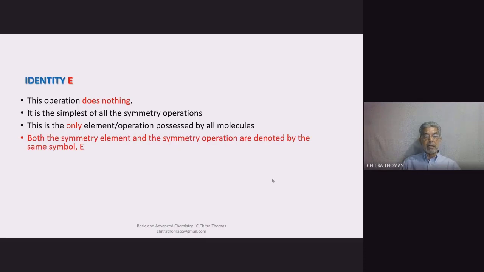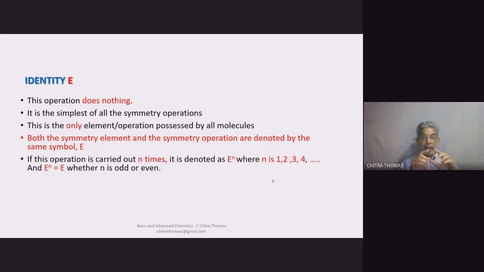Both the symmetry element and the symmetry operation are denoted by the same symbol E. So, we use symbols for the symmetry element and the symmetry operation. In the case of identity, the same symbol E is used for both.